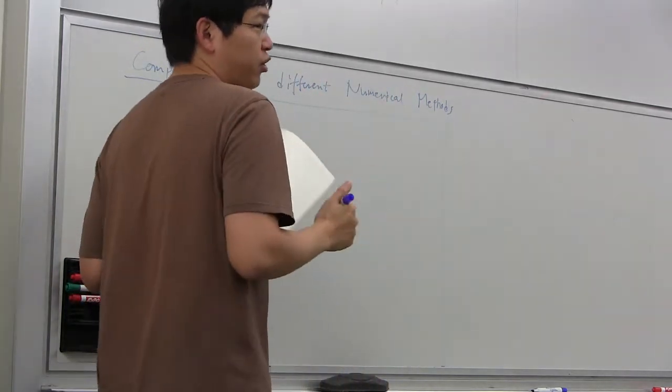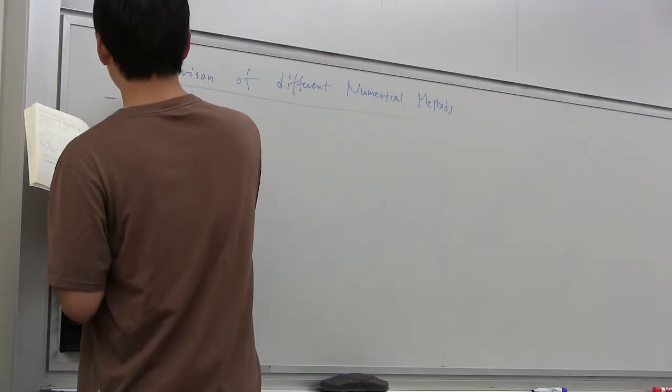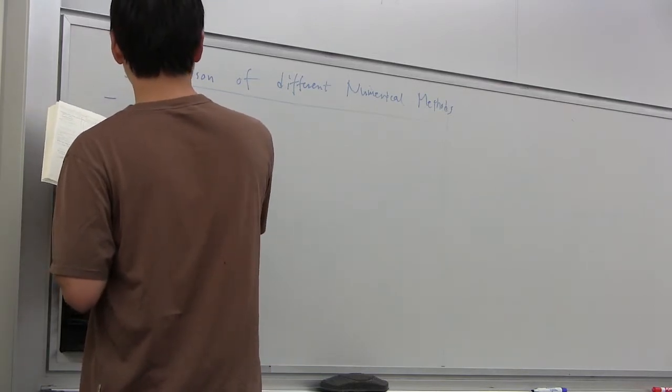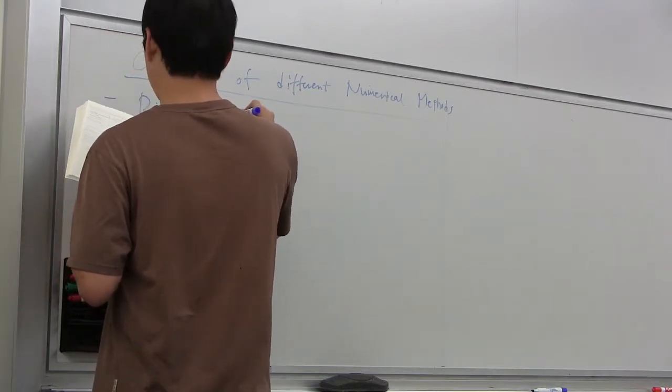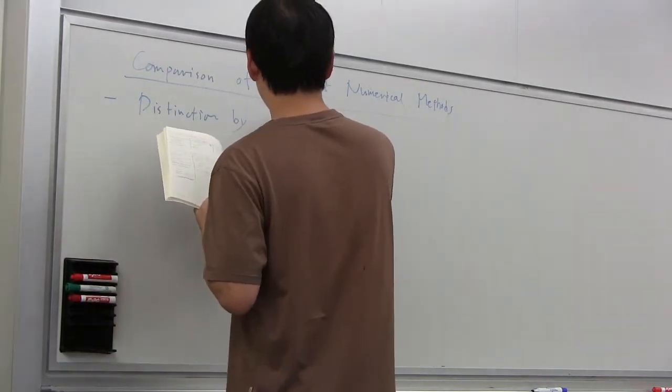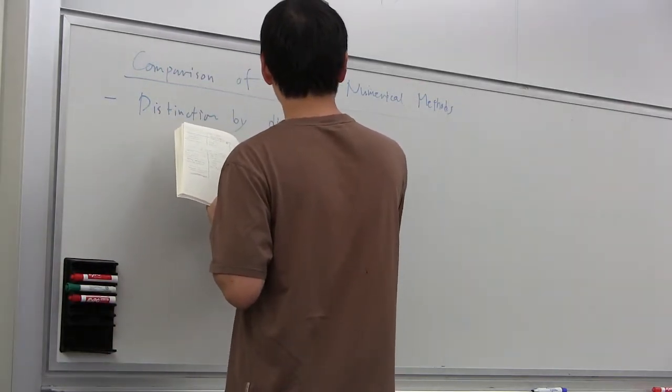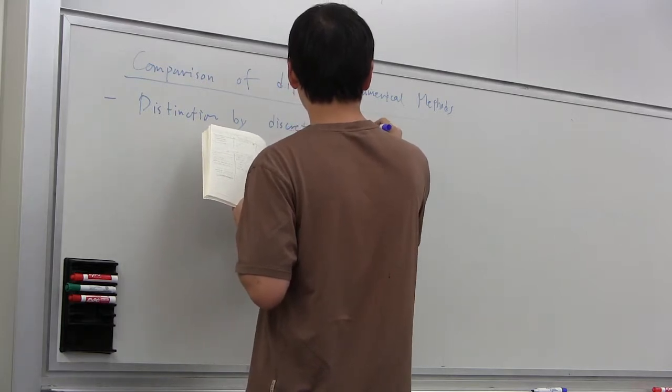So there are two categories of distinction. So first, distinction by discretization method.